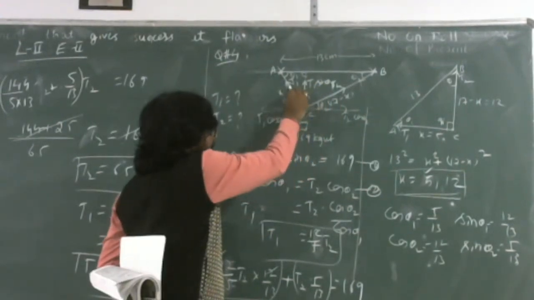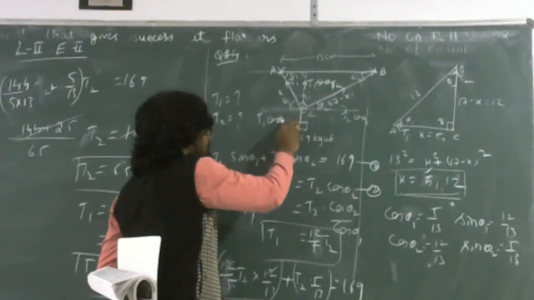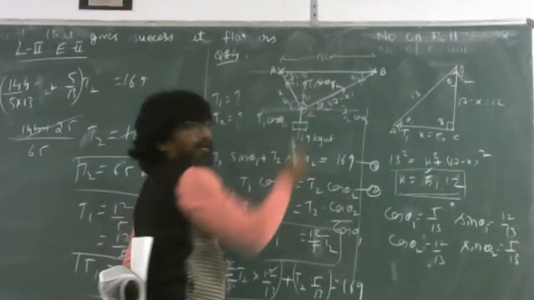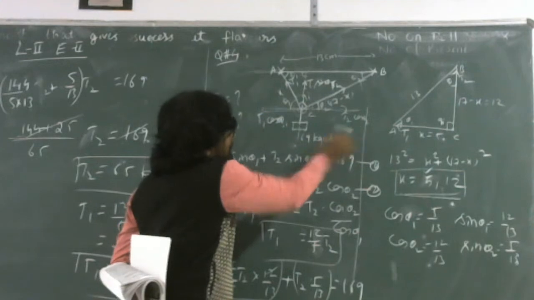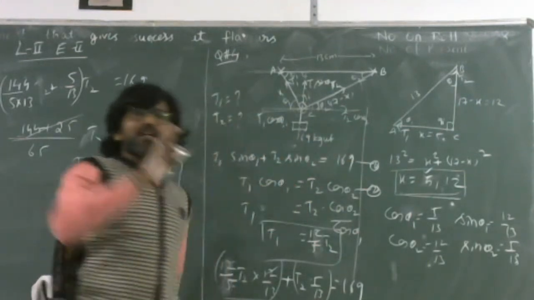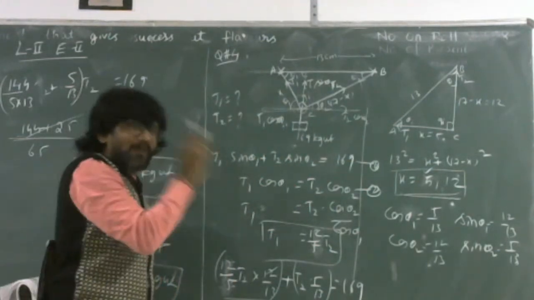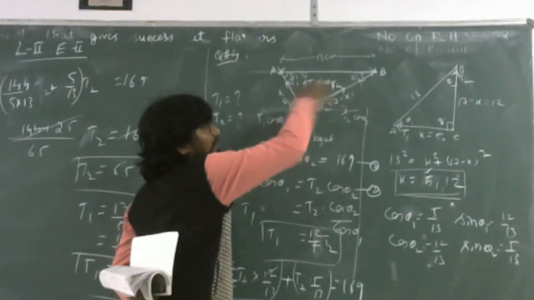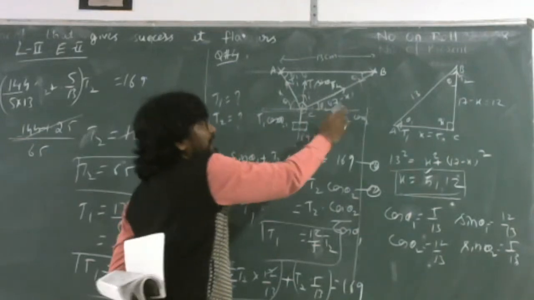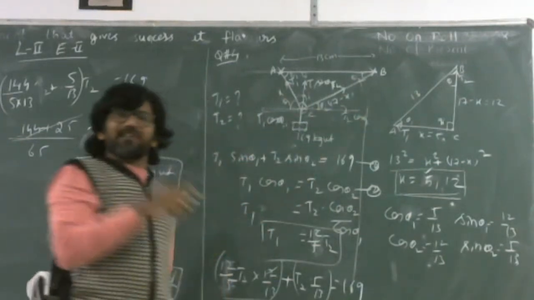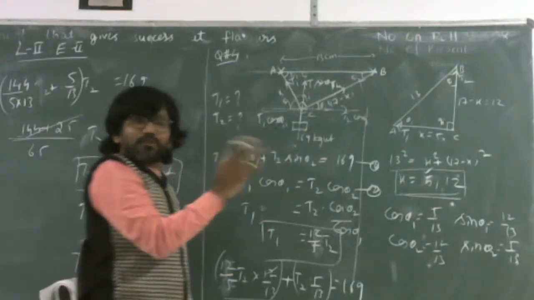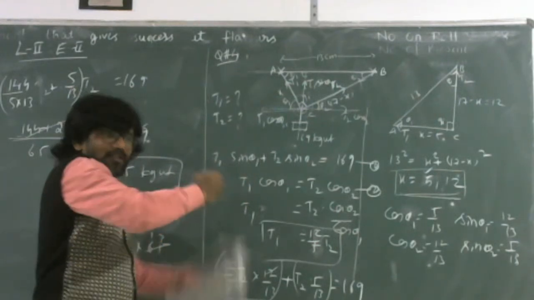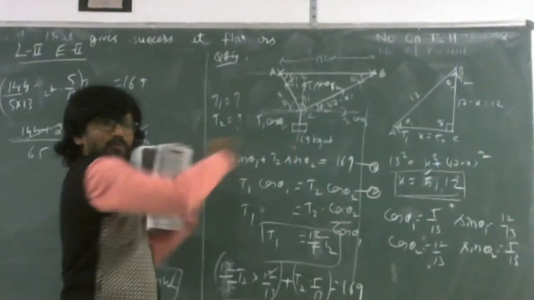And if you resolve this, T1 cos theta 1 is this, and T1 sin theta 1 is in the upward direction. So in the horizontal direction, these are the only forces acting, and they are acting in opposite directions. So the vector sum of these two will be 0. That means if we take this as the positive x-axis and this as the negative x-axis, T2 cos theta 2 minus T1 cos theta 1 equals 0, or these are equal in magnitude. So that's why there is no net force. Both are equal in magnitude.